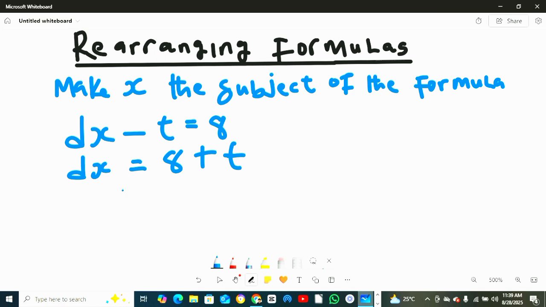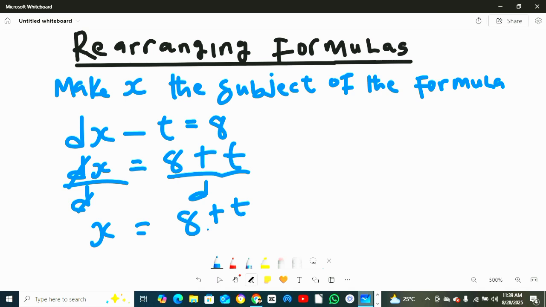So we divide this side of the equation by d, so we can eliminate d and x can be by itself, and then we divide this side by d. So d cancels out d, and you have x equals 8 plus t divided by d. So this is the answer for this one.